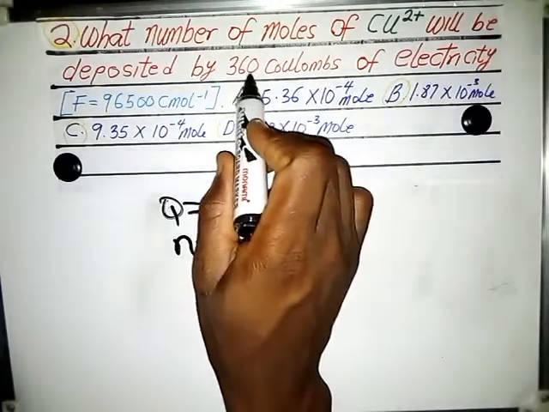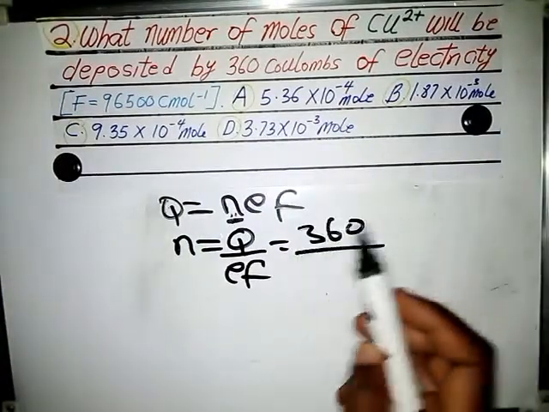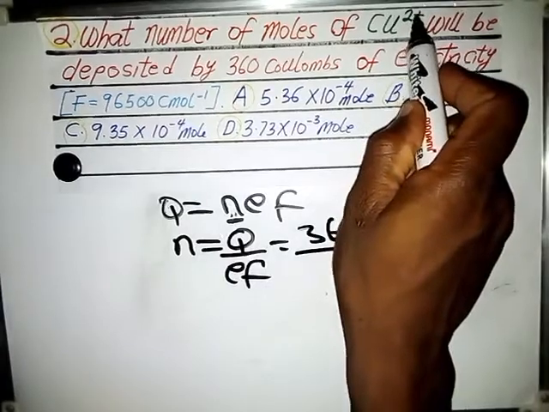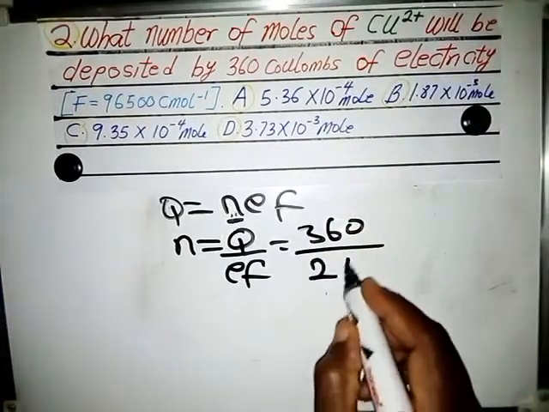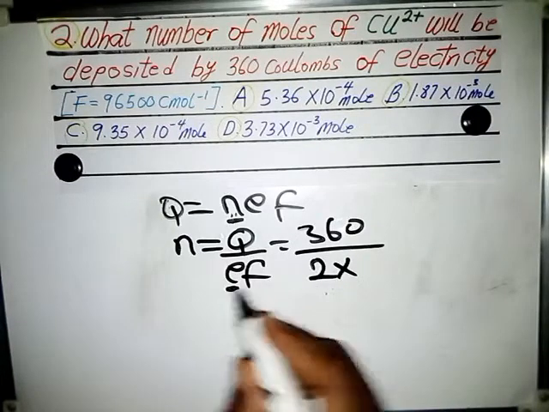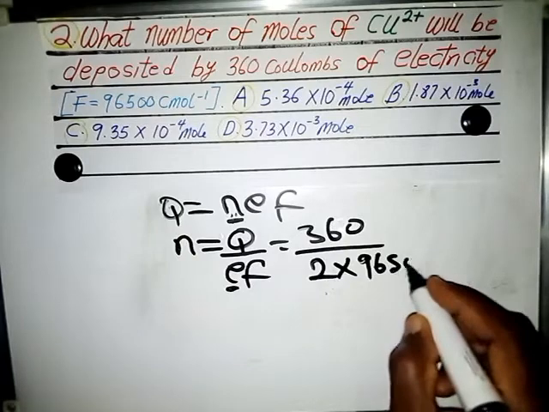So Q is given as 360. That's 360 over the oxidation state of copper, which is 2, which is E, number of electrons transferred. Then times 96500.